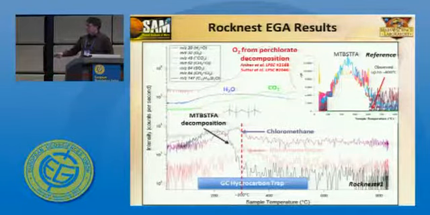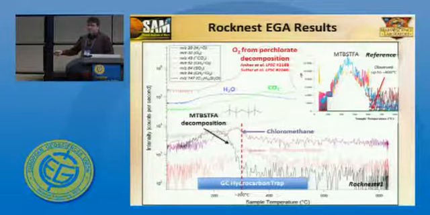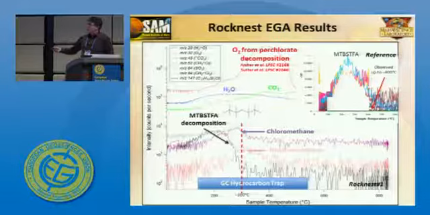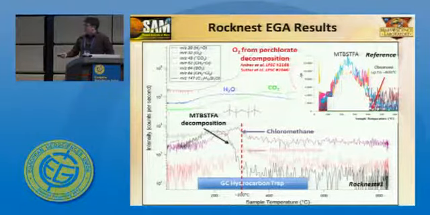So we can suspect that in the oven of SAM there's a chemical reaction occurring which converts MTBS-TFA in chloromethane. And this conversion can be possible by the presence, for example, of perchlorates that can be suspected by the presence of these dioxygen peaks here. And you will have further information about this with the last talk done by Rafael Navarro-Gonzalez.